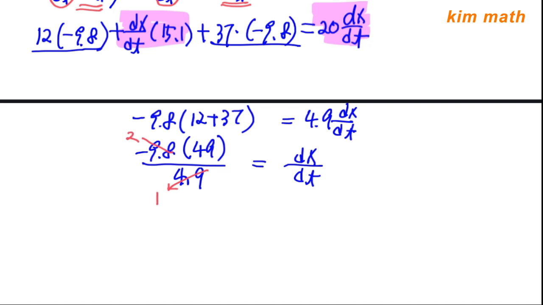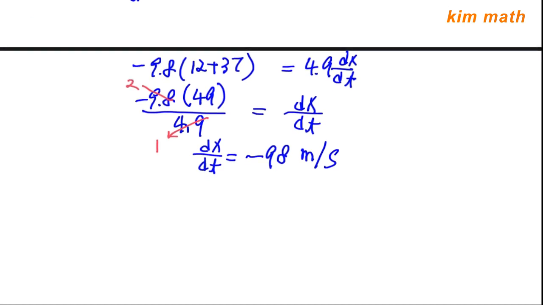So what is dx/dt? Two times 49 will be negative 98 meters per second. Okay.